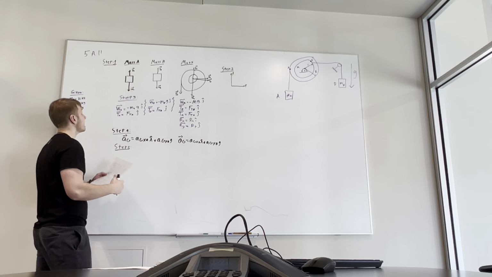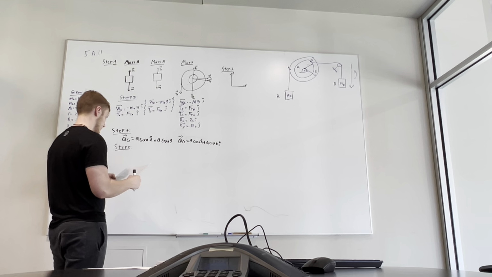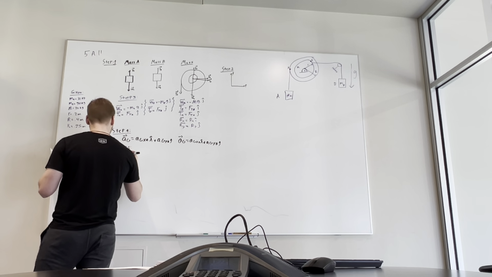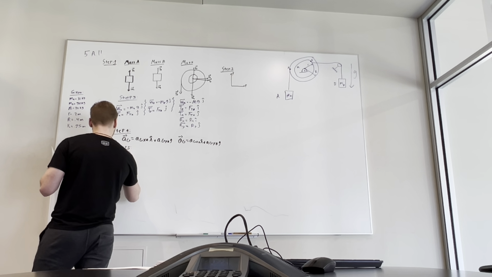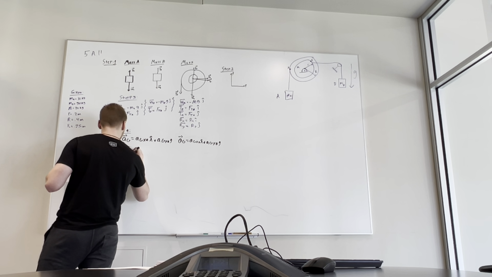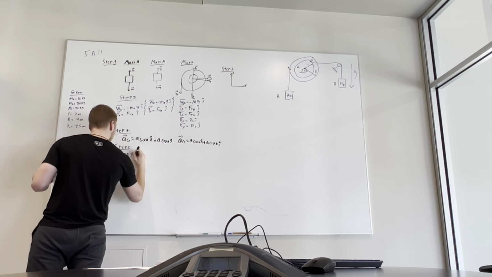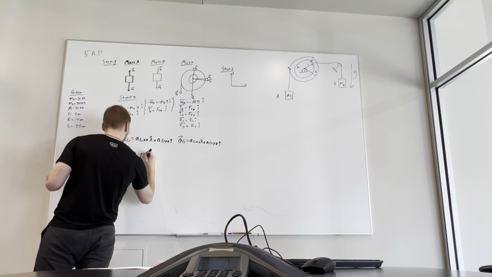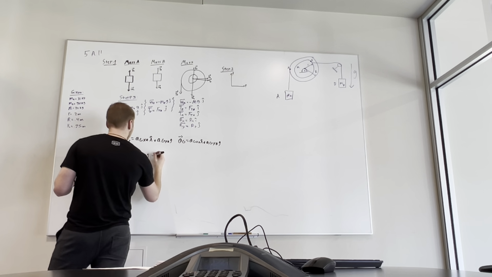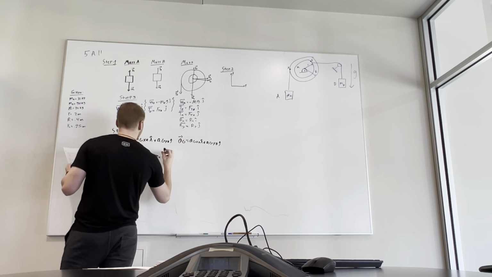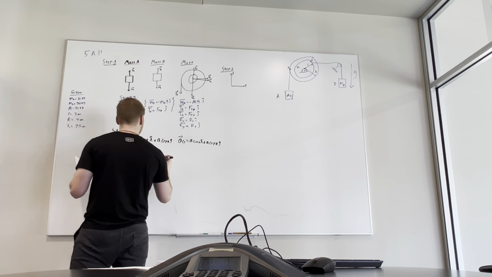We'll need to do that for both mass A and mass B. The first step is to write out all the forces for mass A, and then set that equal to mass of A times the acceleration of A from step 4.